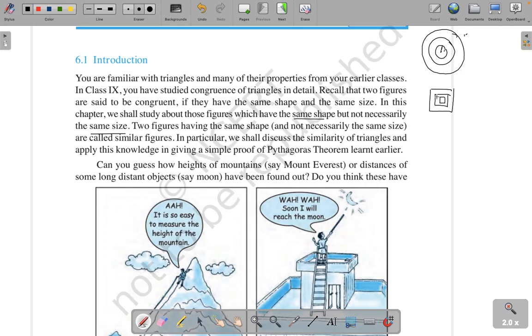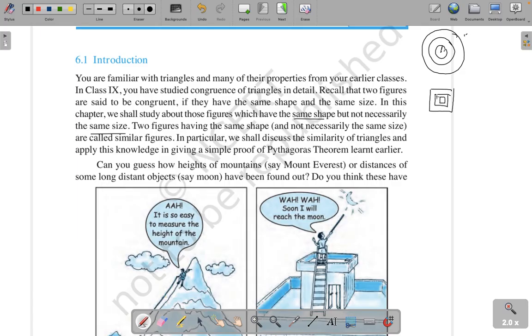You can say two figures are said to be congruent if they have the same shape and the same size, whereas two figures are said to be similar if they have the same shape but are of different size, right? They can be of the same size or not, because if two figures are congruent they are also similar.